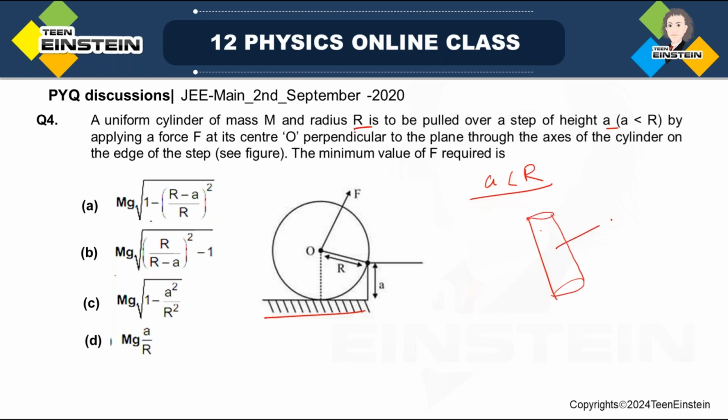You have to pull it like this. This is the axis and this is the force applied. Axis means it will be rotating with respect to this axis of the cylinder.